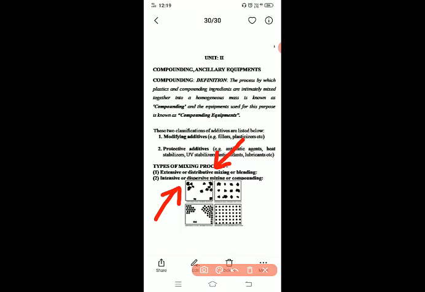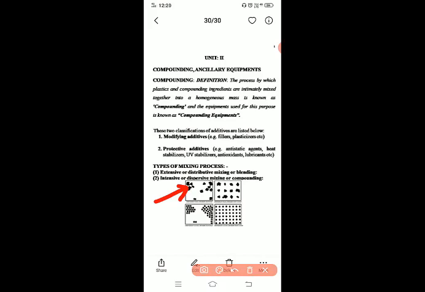Okay, now we will see what is the difference between distributive mixing and dispersive mixing. During mixing, first the compounding ingredients have to undergo dispersion and distribution. First, the compounding ingredients will be in aggregate forms. If this aggregate form is mixed with the plastics matrix, then we will not attain the required properties.